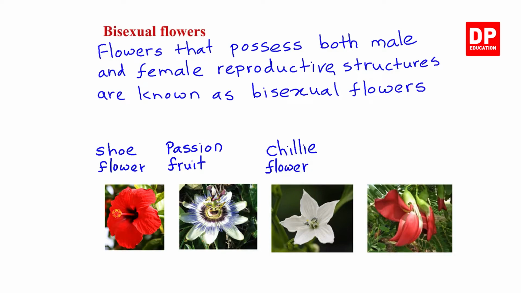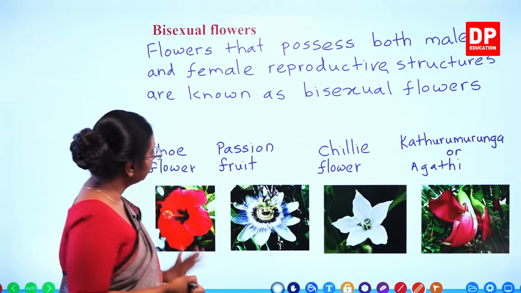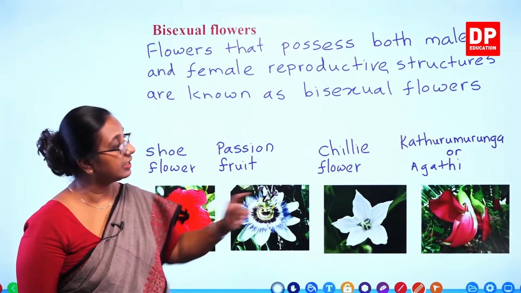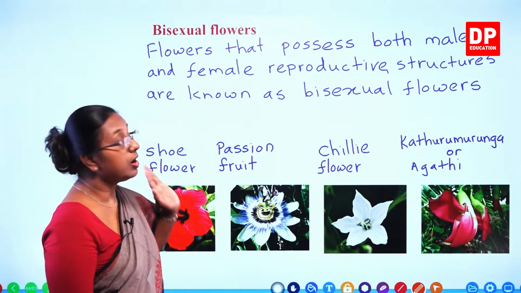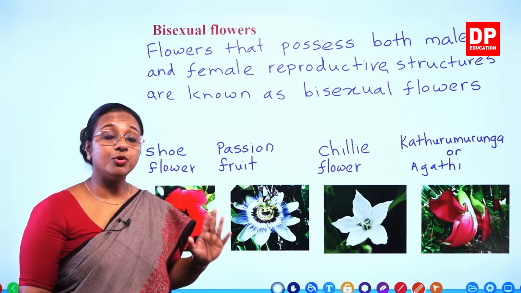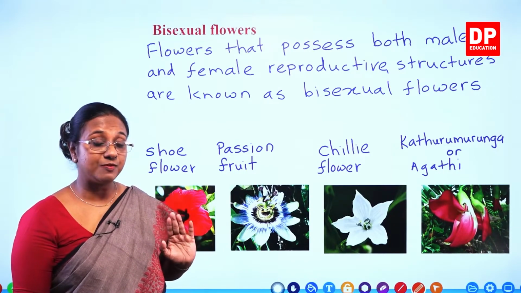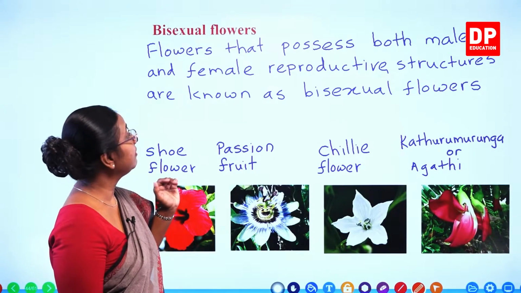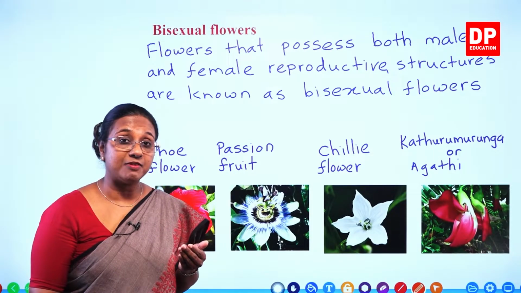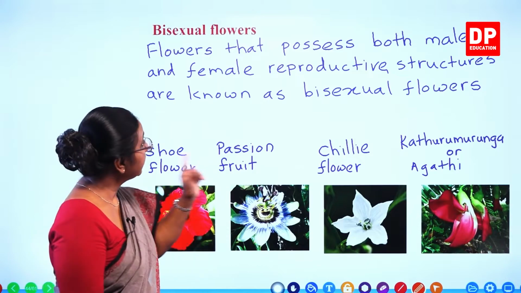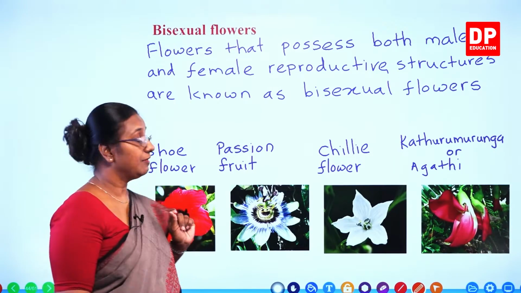And here we have katurumurunga or what we call as agatti. Sesbania flowers. So shoe flower, passion fruit, chili flower and katurumurunga or agatti, those are all bisexual flowers. That means they have both stamen and pistil in the same flower, or androecium and gynoecium in the same flower, or you can say both male and female reproductive structures in the same flower. So bisexual flowers. Then we have the next type, the unisexual flowers.